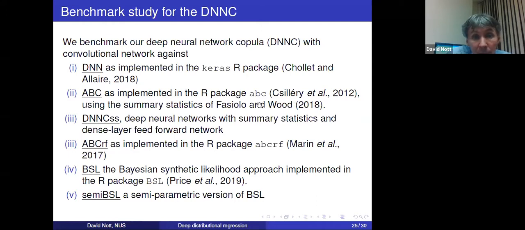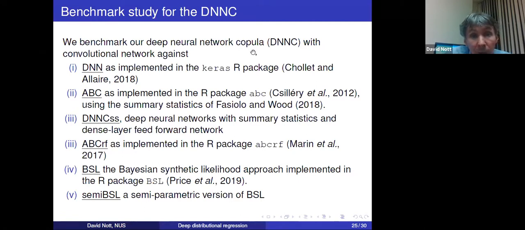We'll use the implementation in the abc package and use the summary statistics that Fasiolo and Wood considered in their paper. For choosing the tolerance in the ABC, we tried to put a bit of effort into doing that. We use cross-validation to choose the tolerance parameter.